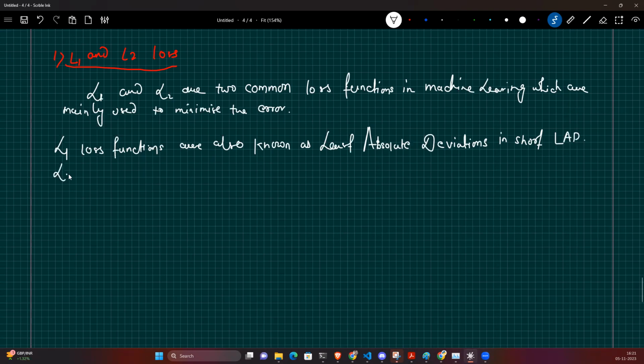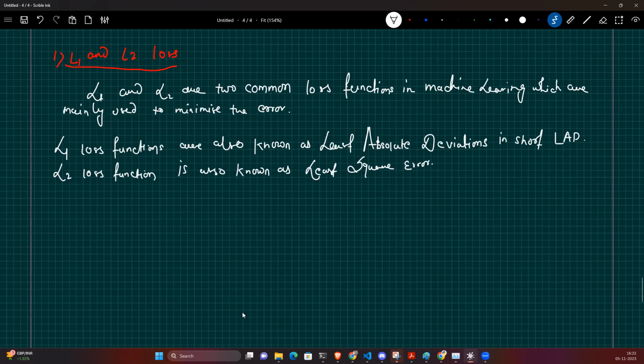And the L2 loss function is also known as least square error. That is the thing.